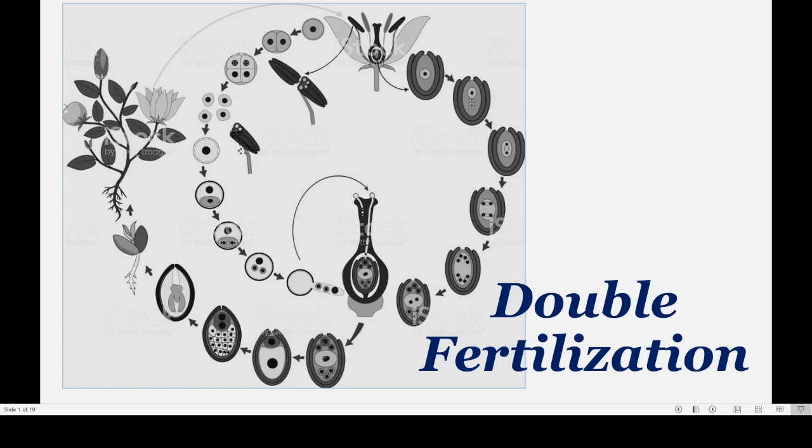Then this functional cell again divides by mitosis and develops into a 7-celled, 8-nucleated structure, out of which 3 remain at the chalazal end, known as antipodals, and 3 at the micropylar end, out of which 2 are synergids and 1 is the egg cell. And at the center you will find 2 polar nuclei. So this was the background of fertilization.